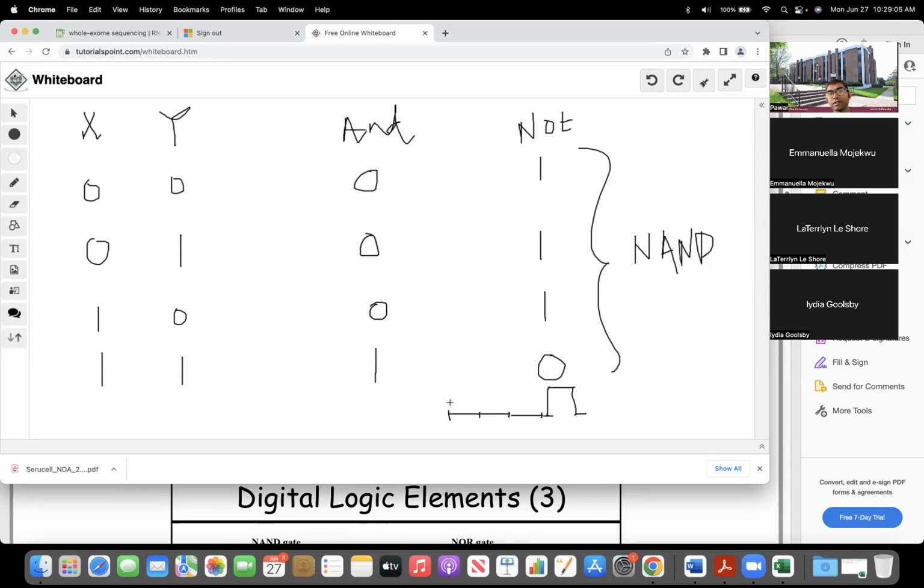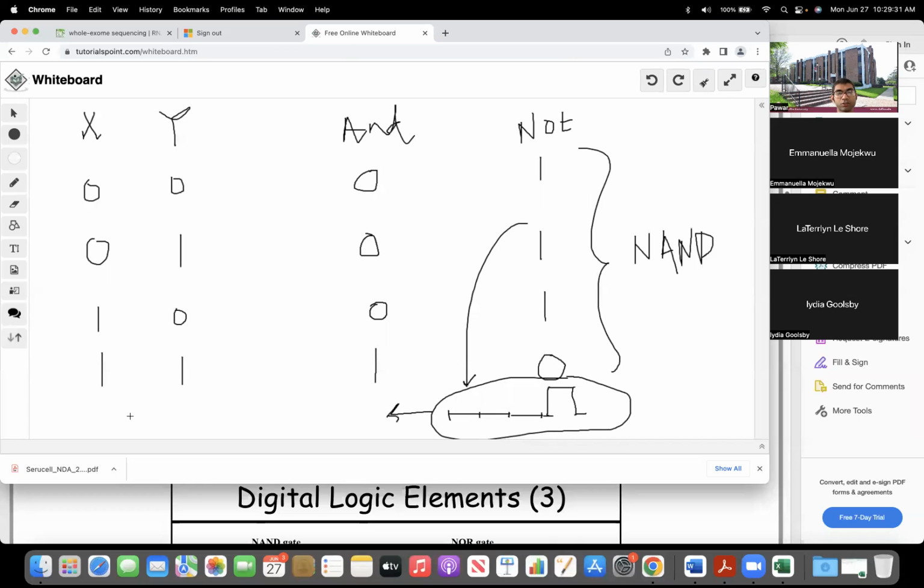can anyone tell me if this is a correct waveform for this output? Yes or no? No. Why? I thought it elevates for the one. Exactly. I just wanted to test you on these elevations and depressions.